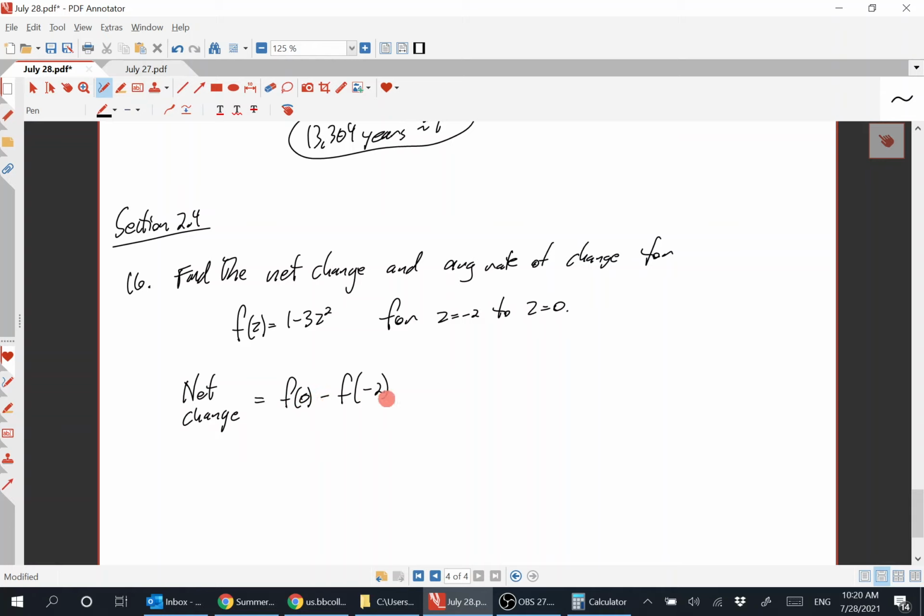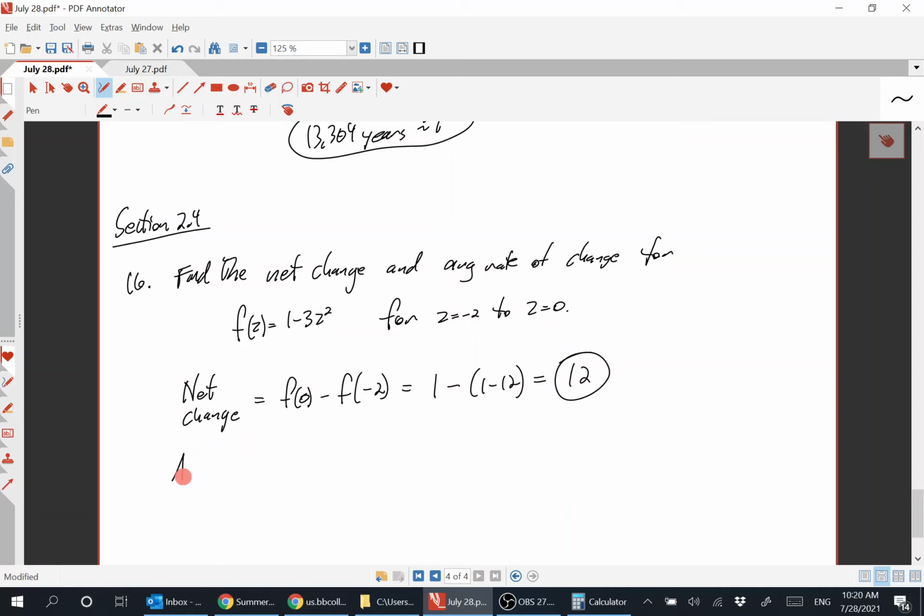Not that you do it in reverse. So f of 0 minus f of -2. Note that this number can't come out to be negative. It certainly could. So here f of 0 is 1 minus f of -2, which is 1 minus 12, so it's -11. So the whole thing is 12. Okay, so that's the net change.